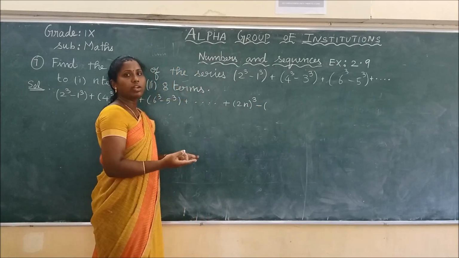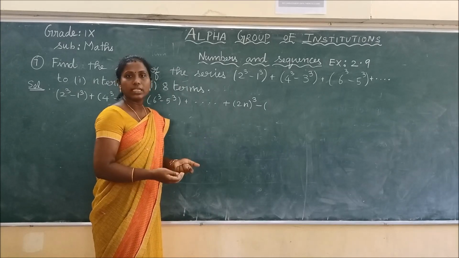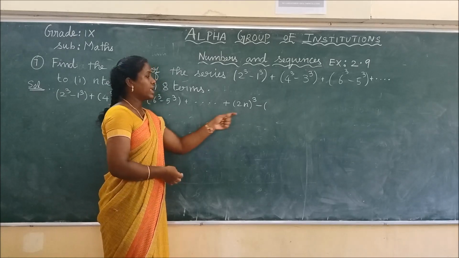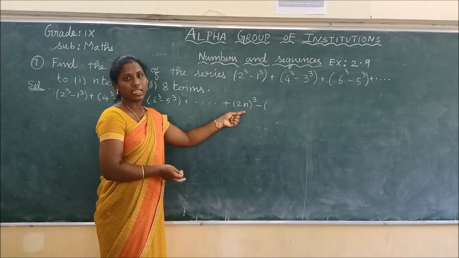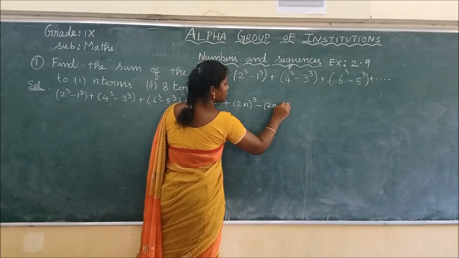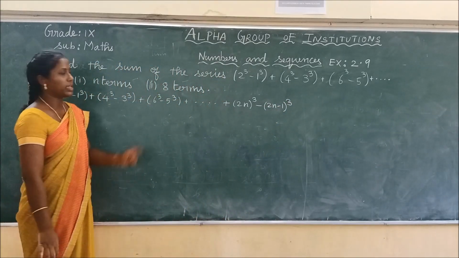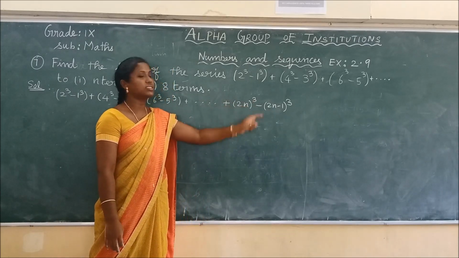Any even number minus 1 gives you the odd number before it. For example, if 12 is the even number, the number before it is an odd number, and how can we get it? 12 minus 1. Like that, if I am taking the nth term of this series, the even number is 2n, and the odd number will be 2n minus 1 the whole cube. Yes, we created the general nth term here. Using this general formula, the series is generated.